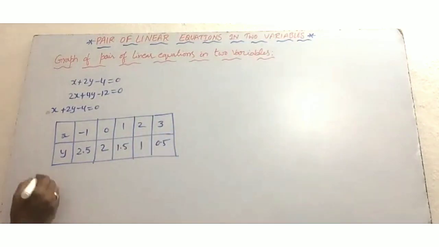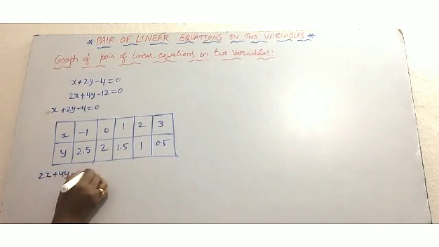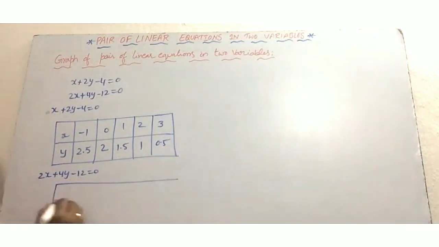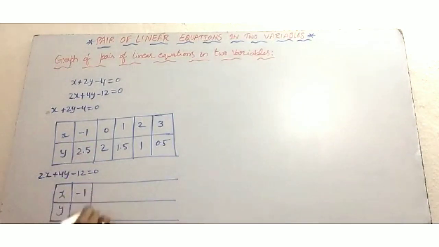And for the next, 2x plus 4y minus 12 is equal to 0, I will take the x values the same as above. If x is equal to minus 1, then we will get 3.5.